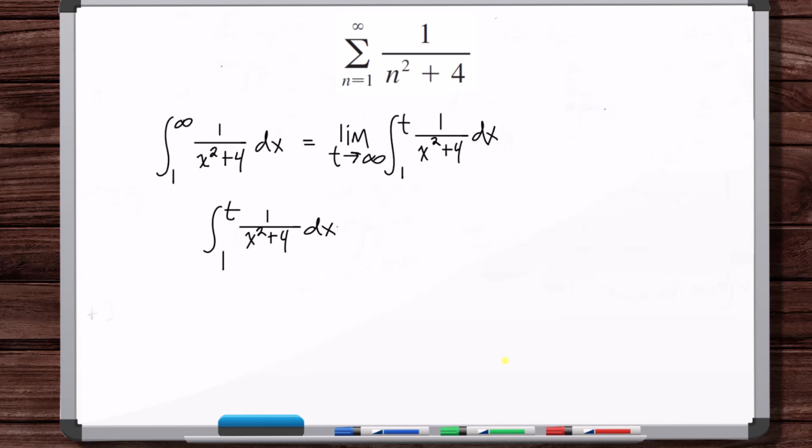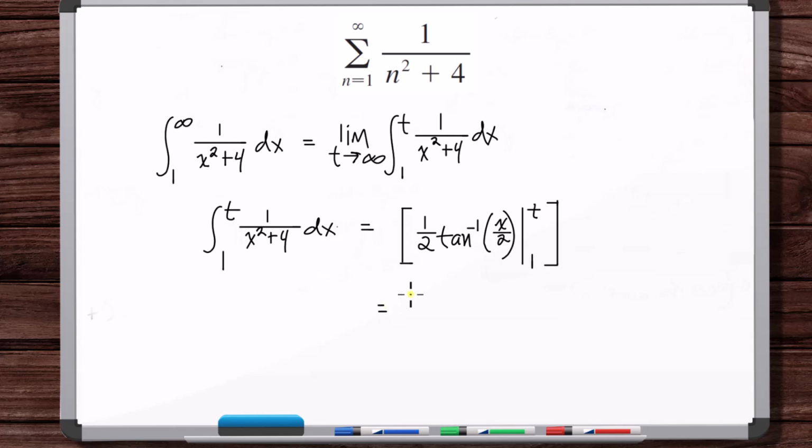Square root of 4 is 2. So we've got this is 1 over 2 arc tangent of x over 2 like that.